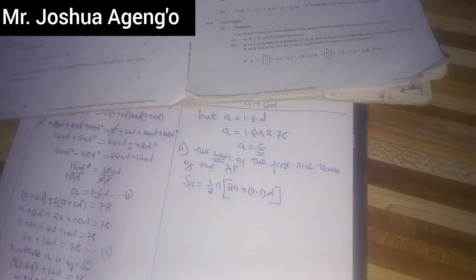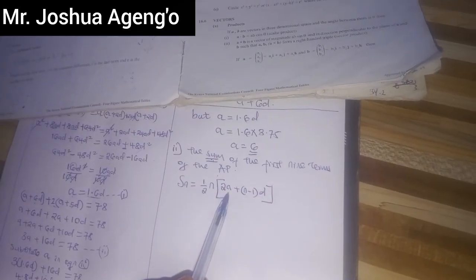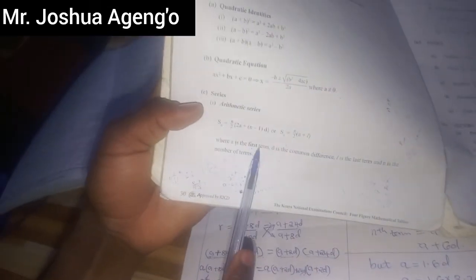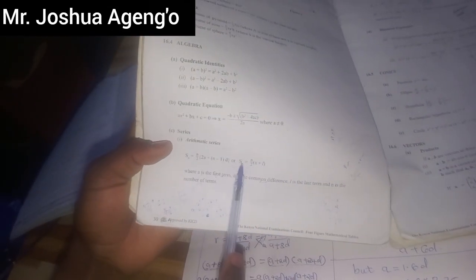Or the other formula, but this one is commonly used. Where a is the first term, d is the common difference. When you use this one for L, then L is the last term. But now n is the number of terms.